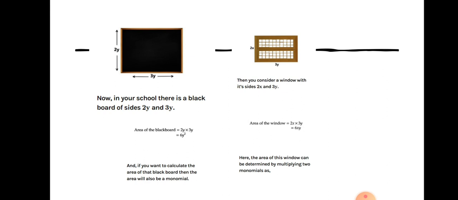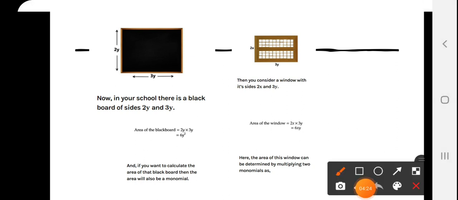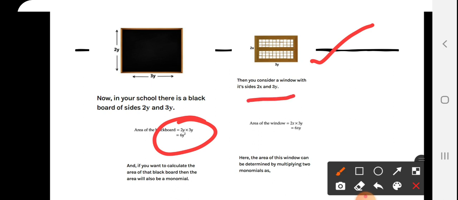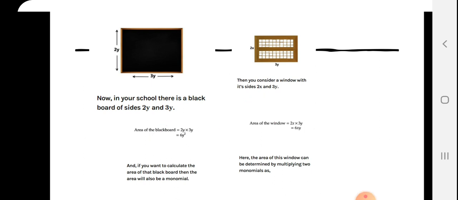Because 2y into 3y on solving will give you 6y squared, that is a monomial. Now in the case of a window with length 2x and breadth 3y, you get the area as 6xy, which is again a monomial. Here we are multiplying monomials, but in the answer we are getting a monomial only.